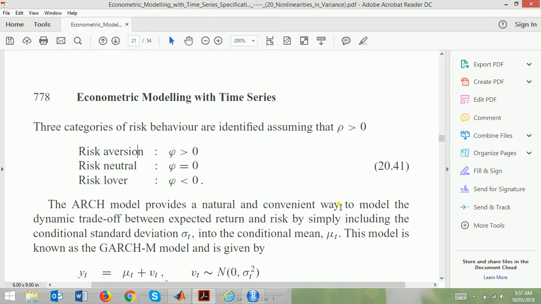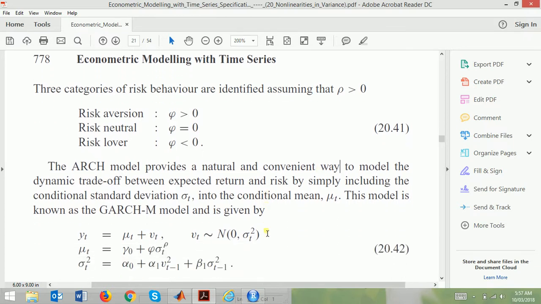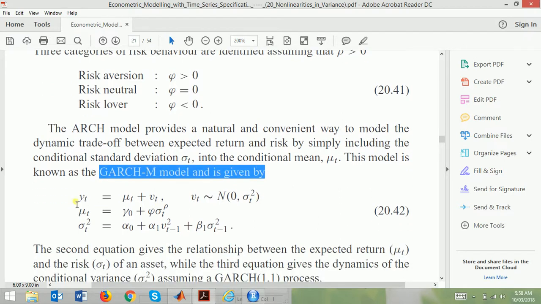The GARCH model provides a natural and convenient way to model the dynamic trade-off between the expected return and risk by simply including the conditional standard deviation sigma into the conditional mean. We have already seen that. This model is known as the GARCH-M.